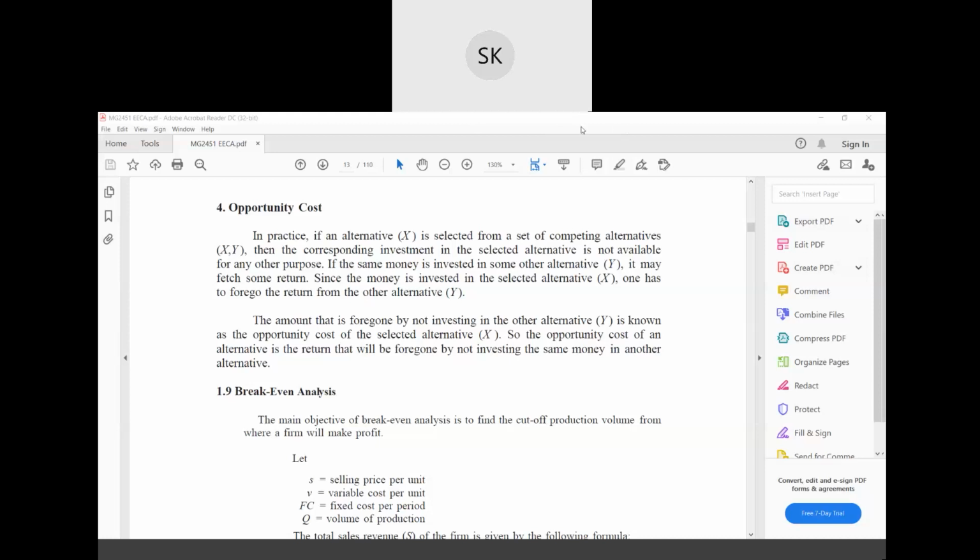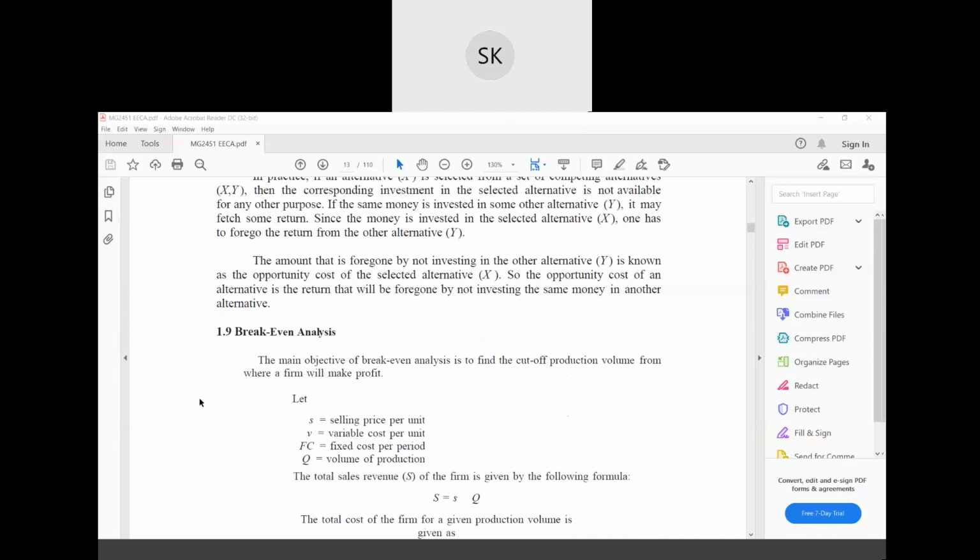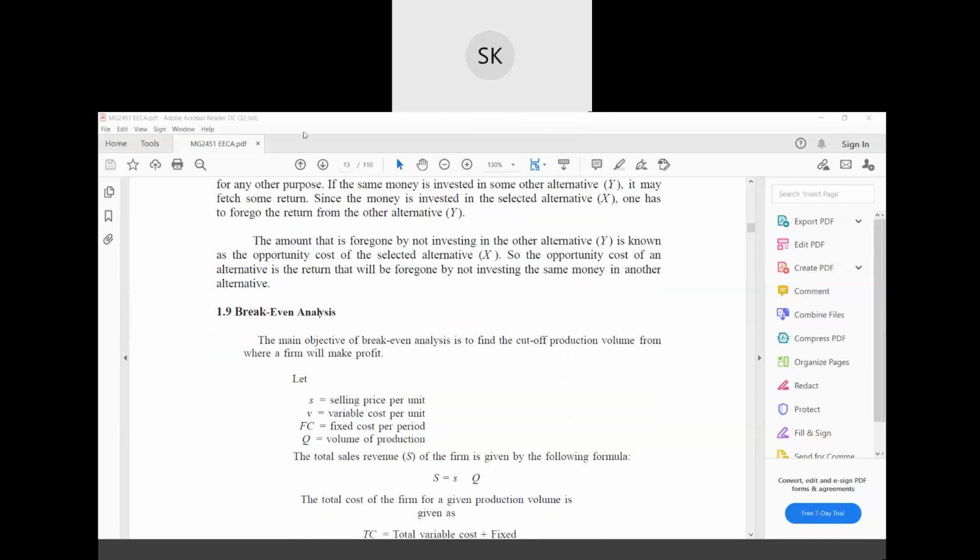Okay, so I'll continue with the break-even analysis. Let's see the introduction part of what is break-even analysis. So I'll play this.